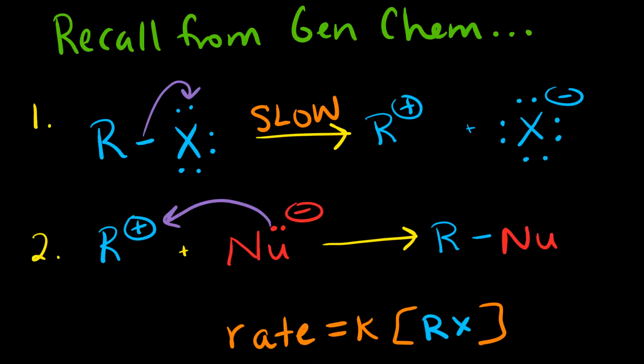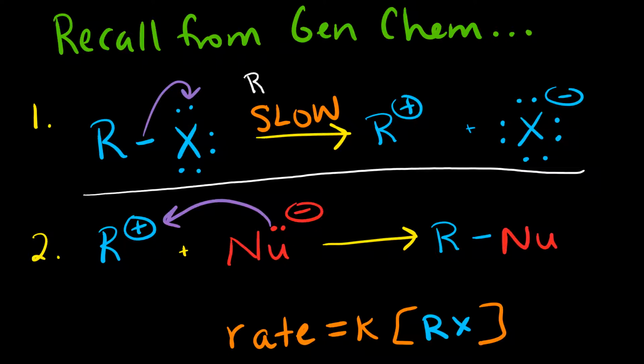Let's look back at the two-step mechanism that was proposed. You'll see that the first step of the mechanism is what we call the slow step, or you might have heard the term rate determining step in general chemistry. And we're going to look back at the energy diagram for this reaction, but you would predict based on the energy diagram that the first step is the slow step.